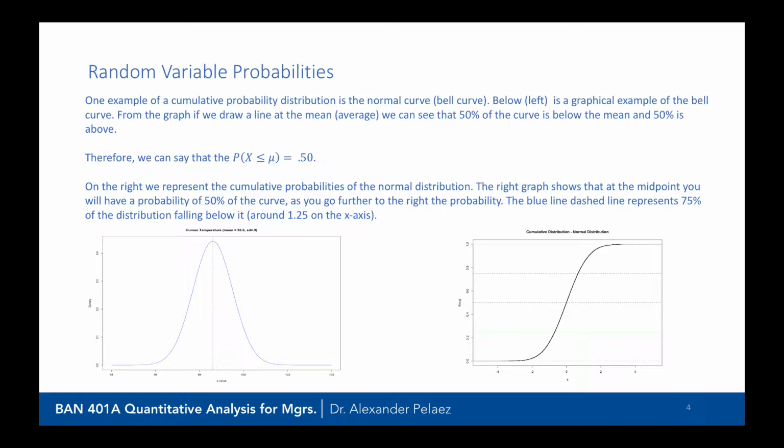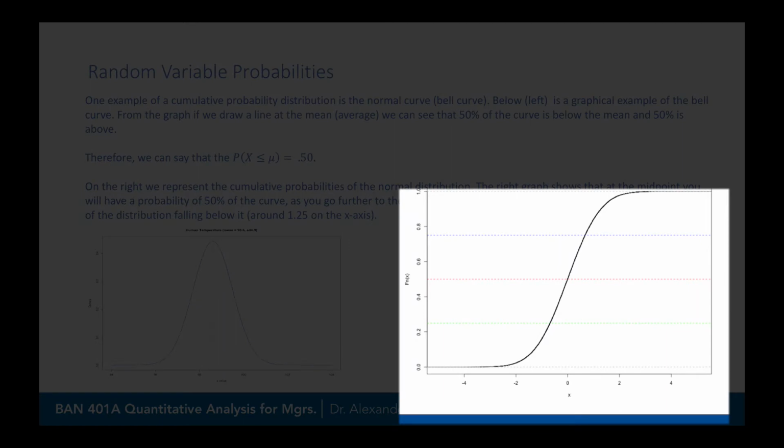On the right, we can represent the cumulative probabilities of the normal distribution, and it would look like this S-curve. The reason it looks like this S-curve is because the bottom part starts very low, near 0, which means all of the values that are very low will have a very, very small chance of occurring.